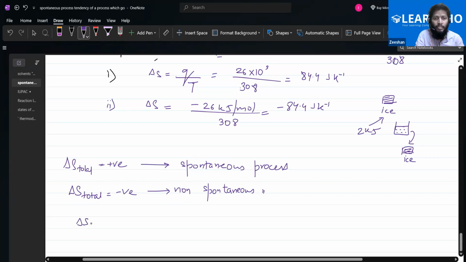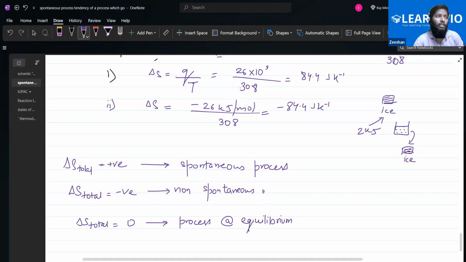In the special case, if delta S total is 0, then the process is at equilibrium. You understand equilibrium? The reaction is not completely going in the forward direction or backward direction. So it is at equilibrium.